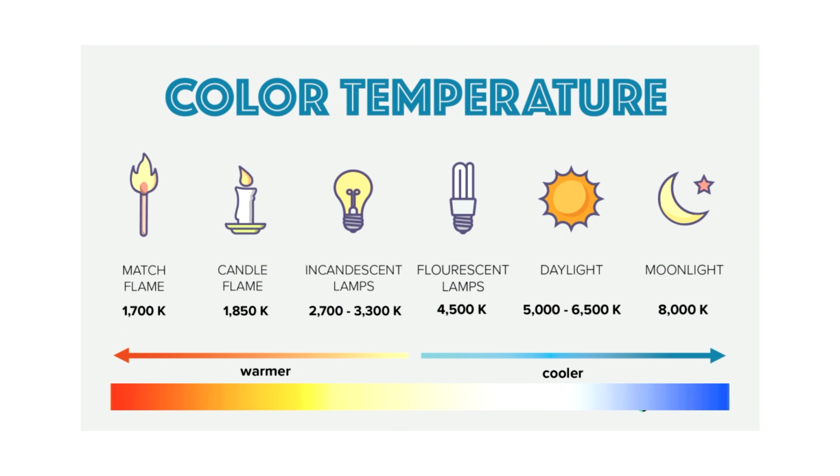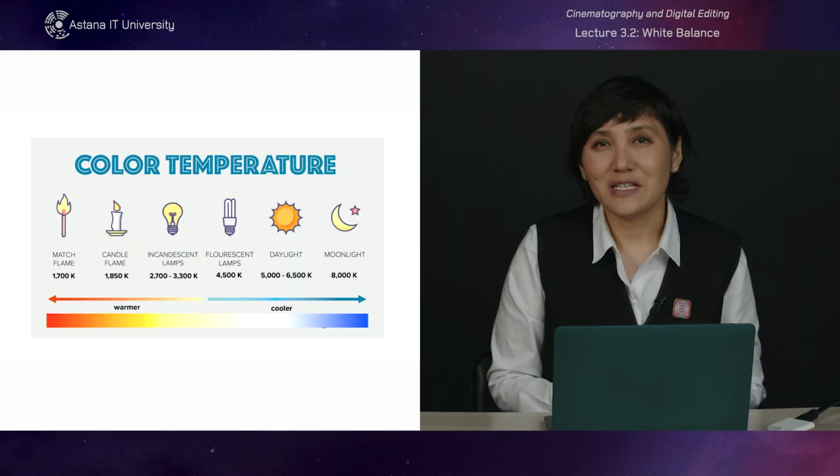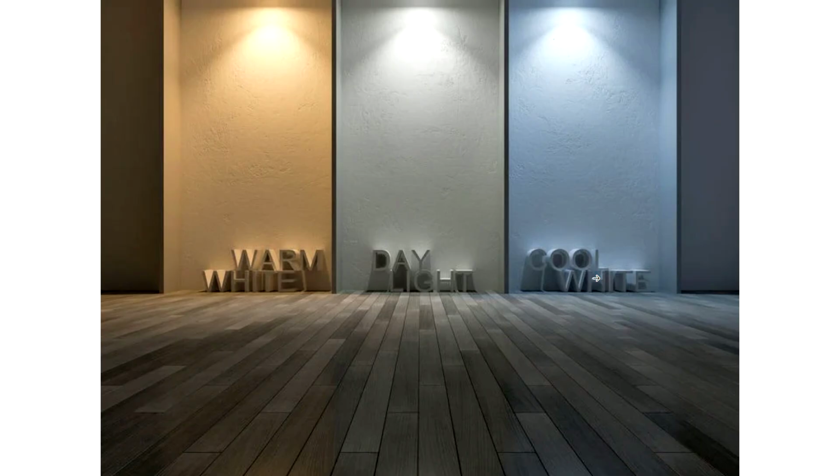Understanding these temperatures is essential when setting white balance because it allows you to compensate for the color cast that different lighting conditions might introduce. For instance, if you're filming under tungsten bulbs without adjusting white balance, your footage may have an orange tint.